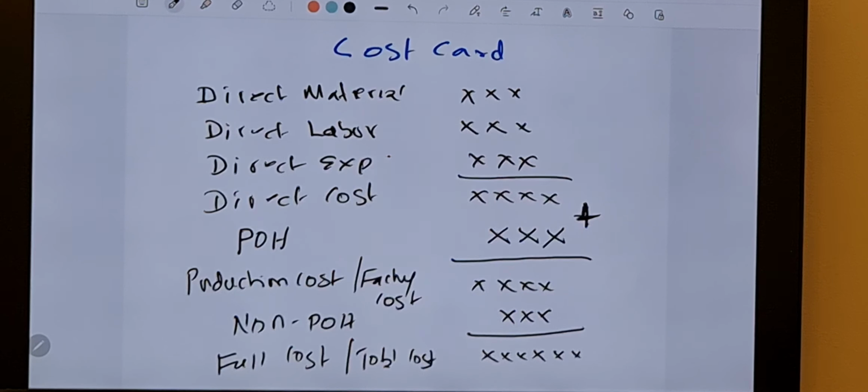Even for manufacturing, they bring raw material. Raw material is straightforward, you need to use it for the production. Labor is straightforward, without labor you cannot produce. Supervisor salary comes under the production overhead.